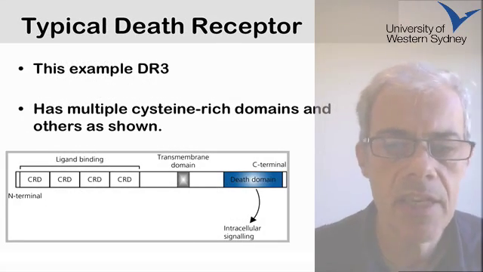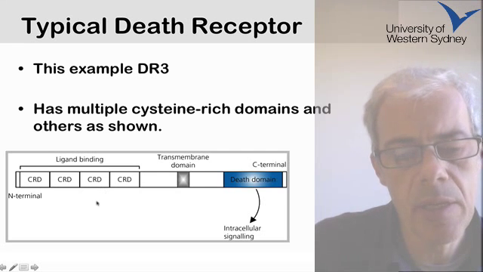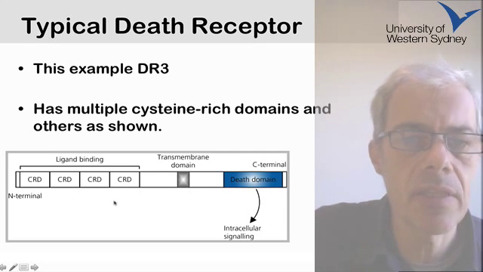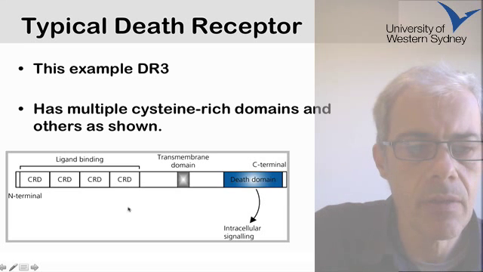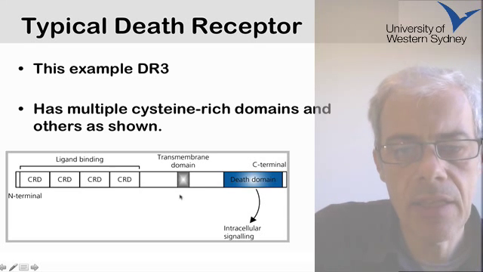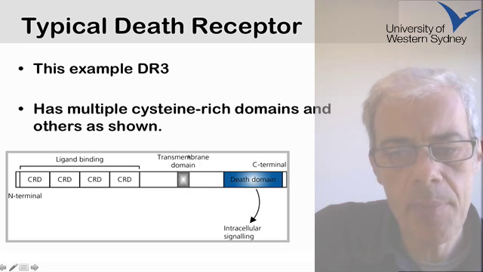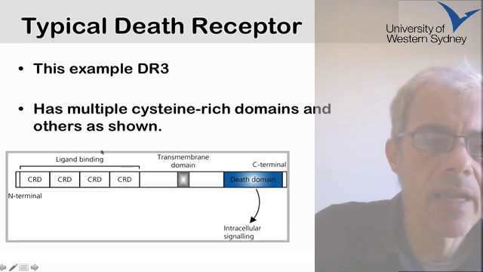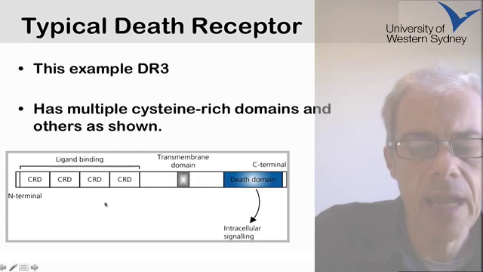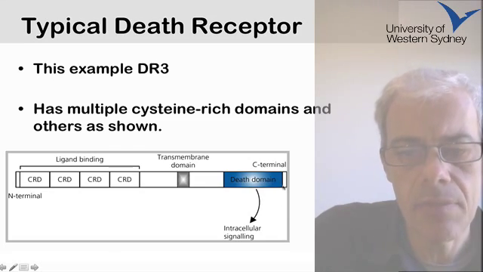There's a schematic in the textbook showing the primary sequence of one of these death receptors, and as you can see here, they have a transmembrane domain, they have a ligand binding domain, and they have a death domain.